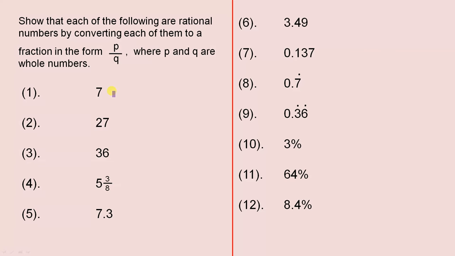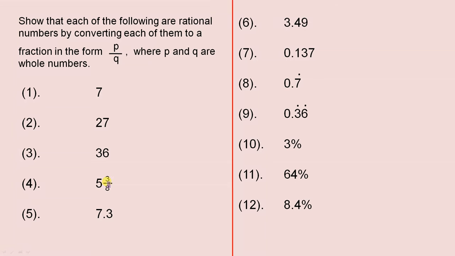So, for example, in the first one, we are asked to show that 7 is a rational. Can we write 7 in that form? Can we write 27 and 36 in the form of a fraction that looks like that, where the numerator and the denominator are whole numbers?